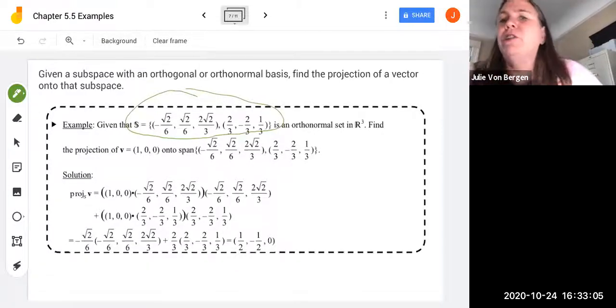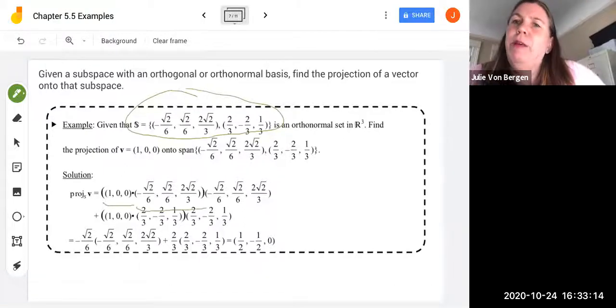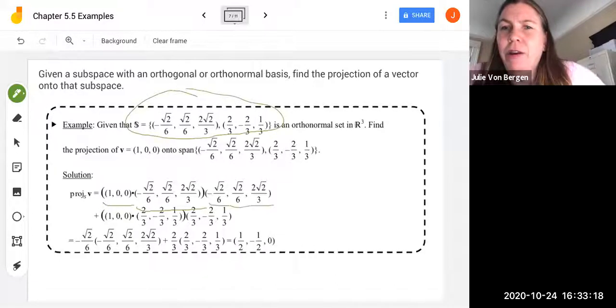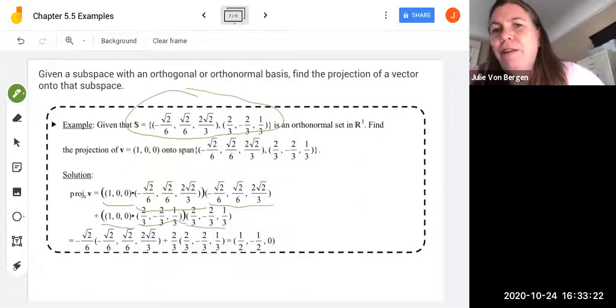So the projection of V onto S is going to be the dot product, because we're in R3, that's our inner product space, of 1, 0, 0 dotted with the first vector, all multiplied by the first vector, plus 1, 0, 0 dotted with the second vector, all multiplied by the second vector.